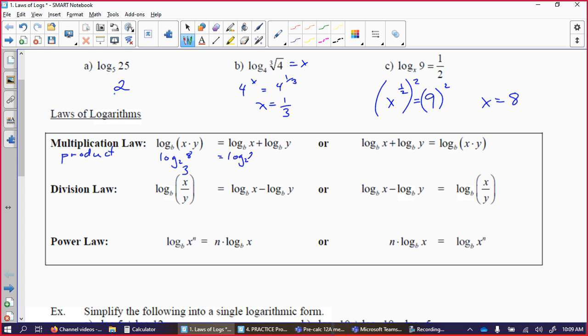Log base 2 of 2 plus log base 2 of 4. Log base 2 of 2 is 1. Log base 2 of 4 is 2. 1 plus 2 equals 3. Sorry. It will work the same as a quotient.